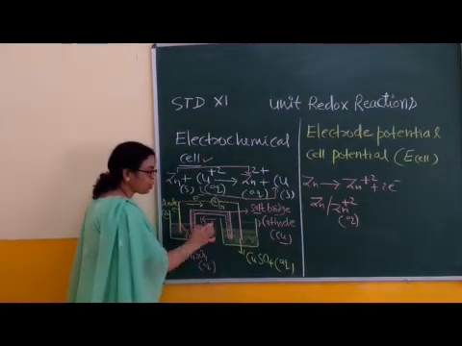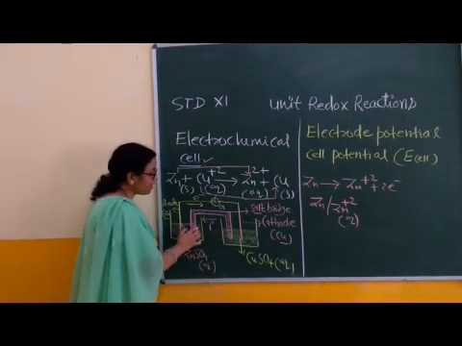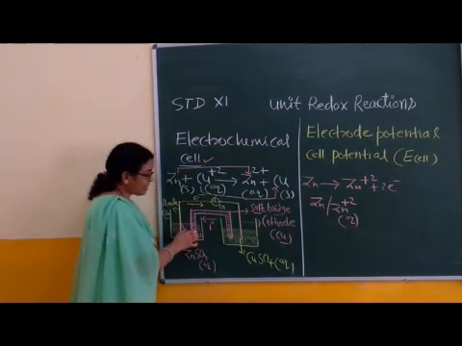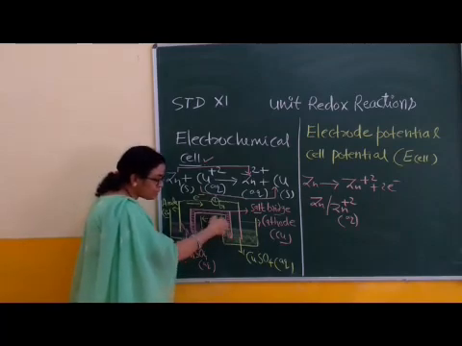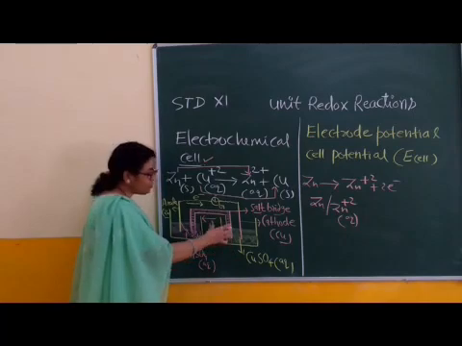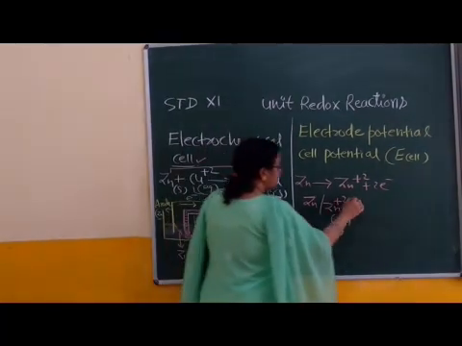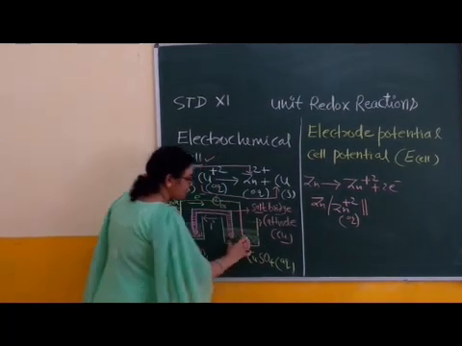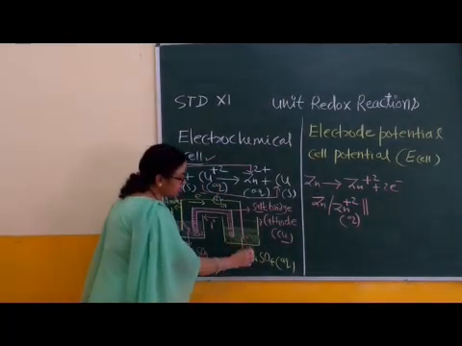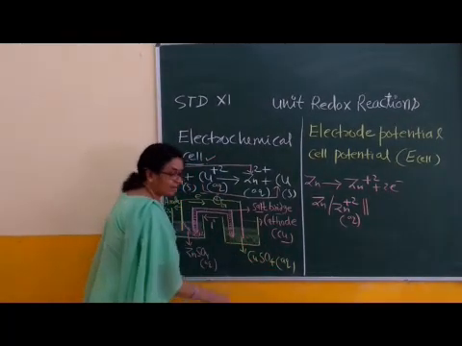Then for the salt bridge, one vertical line is drawn for the left side arm of the U-shaped tube and a second vertical line for the right hand side arm, like this, double vertical lines. And then copper ions are present in copper sulfate solution, CuSO4 aqueous.